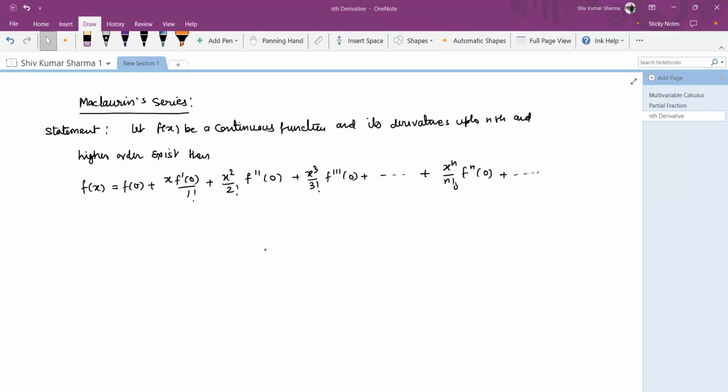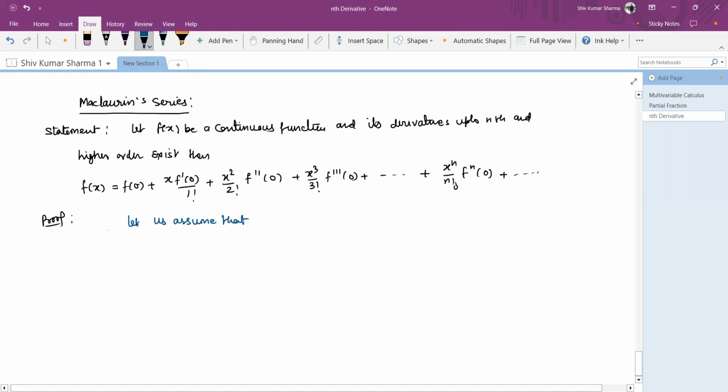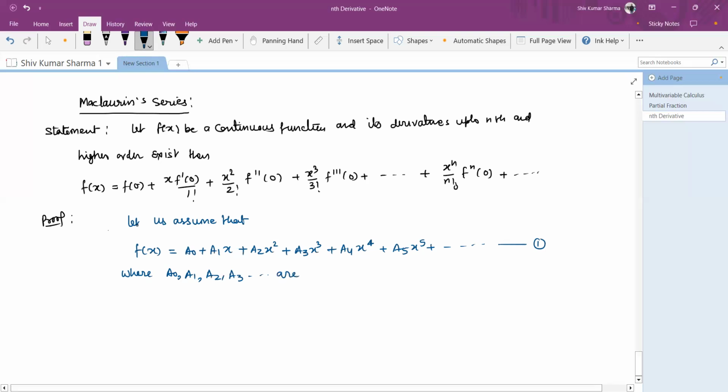Now we prove the Maclaurin series. So the proof of the Maclaurin series: let us assume that f(x) is equal to a0 plus a1x plus a2x square plus a3x cube plus a4x raised to the power 4 plus a5x raised to the power 5 plus and so on, where a0, a1, a2, a3 are constants and to be determined.